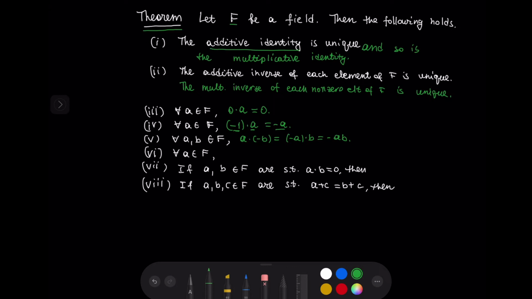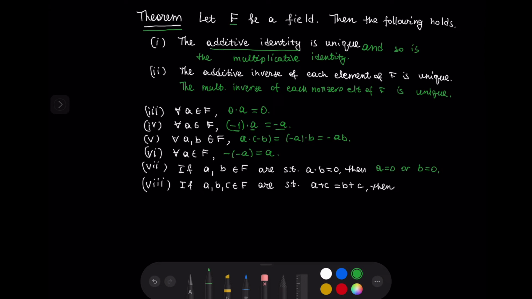The next property is that for every A in F, minus minus A is A. So the additive inverse of the additive inverse of A is A itself. The next property is that if we have two elements A, B in F such that A times B is equal to 0, then A is equal to 0 or B is equal to 0.